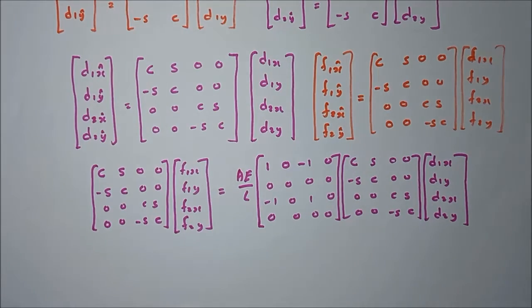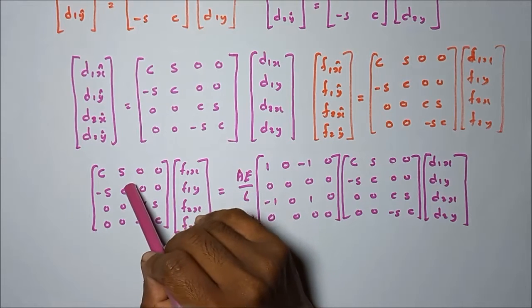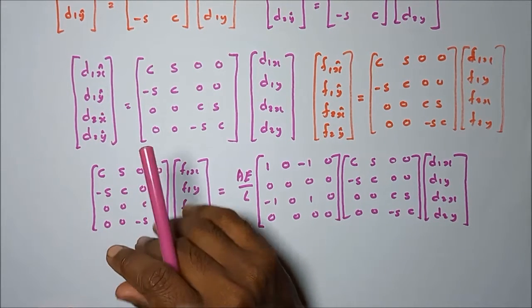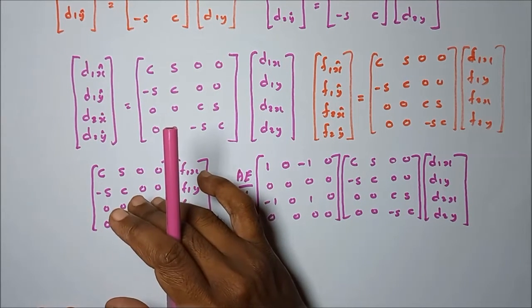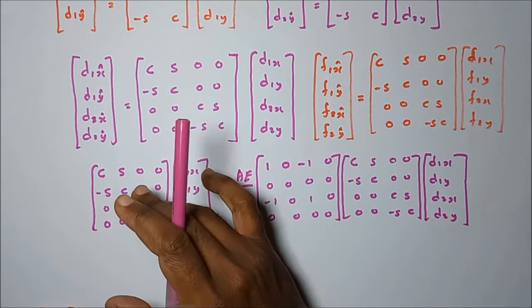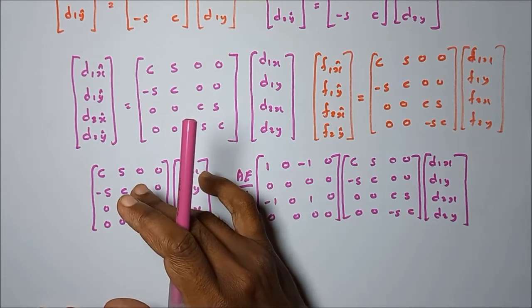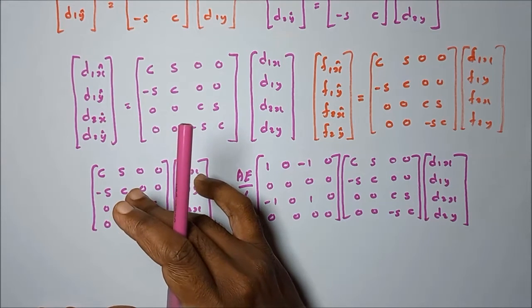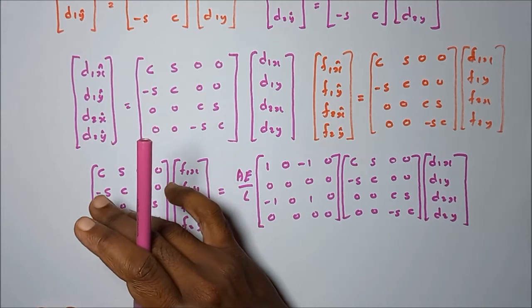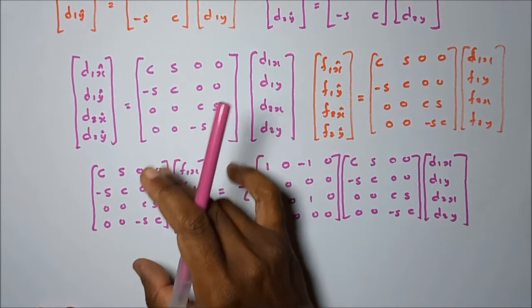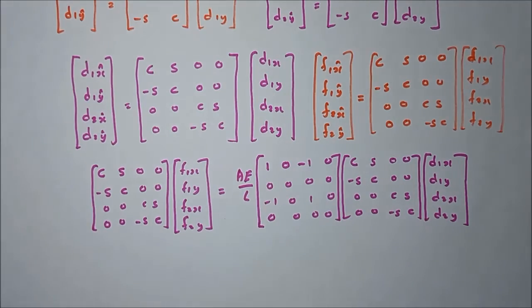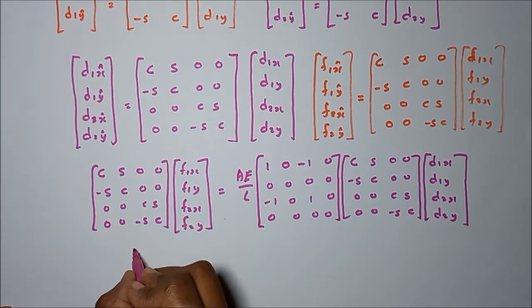You may know matrix operations, so I am not going to teach matrix operations here. You know that multiplying a matrix with the inverse of that same matrix forms the identity matrix, and multiplying the identity matrix with a matrix gives the same matrix. So I will directly write the equation multiplying by the inverse of this matrix.